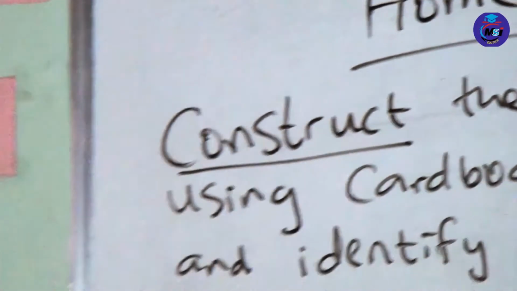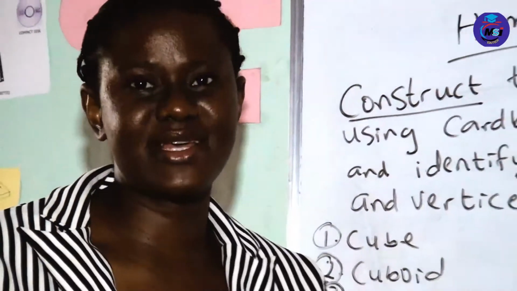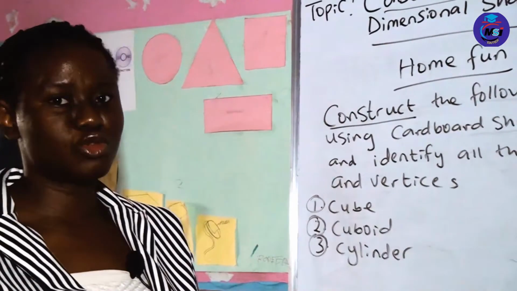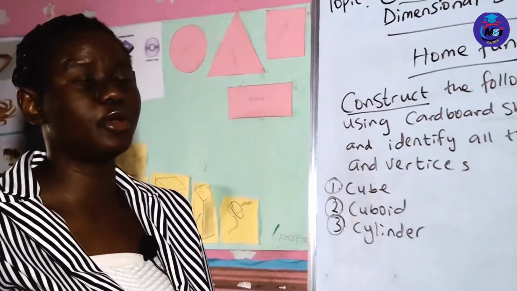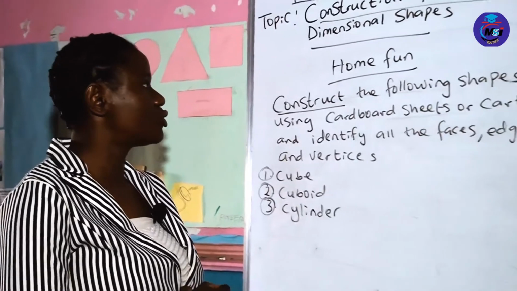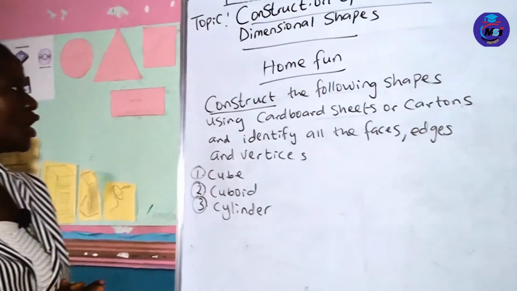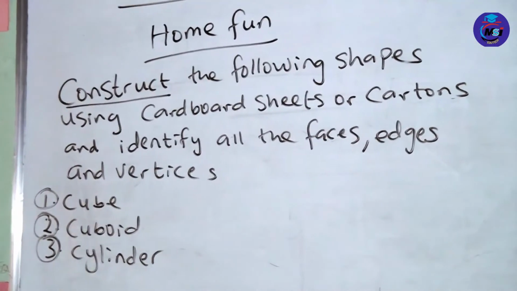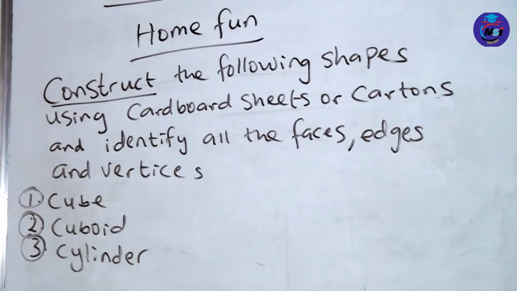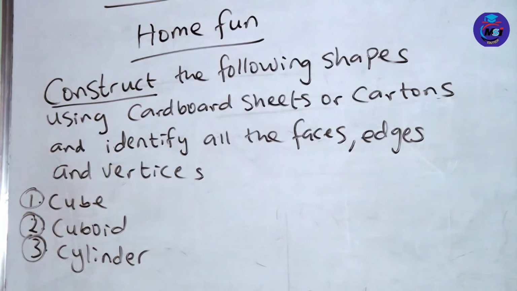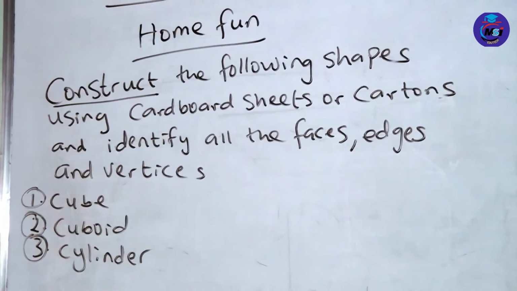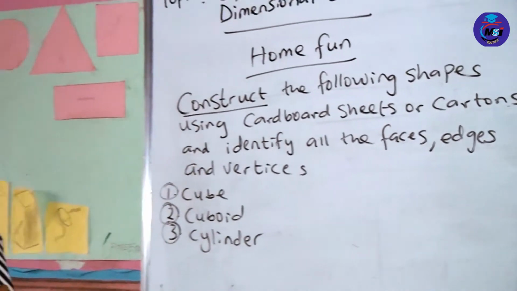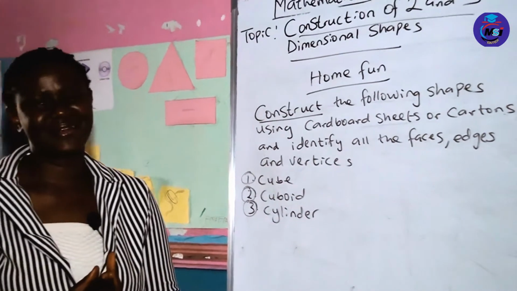All right, I hope today's lesson was fun and you want to try out something on your own. Construct the following shapes using cardboard sheets or cartons and identify all the edges, the faces, and the vertices. I need you to please construct a cube, a cuboid, and a cylinder.